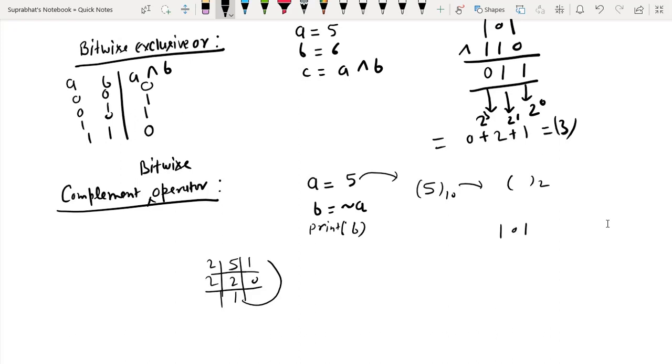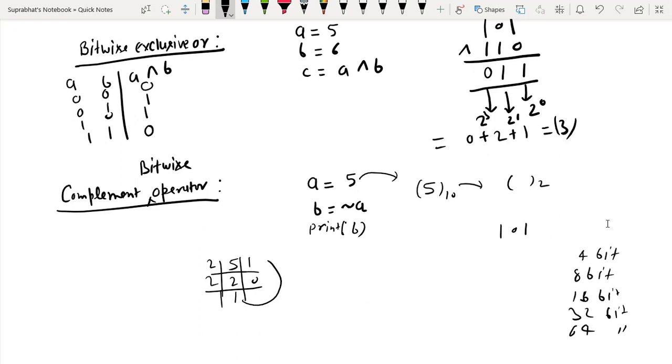Actually in a computer system, the representation we use is either 4-bit, 8-bit, 16-bit, 32-bit or 64-bit. This is the processor: a 4-bit, 8-bit, 16-bit, 32-bit or 64-bit processor.